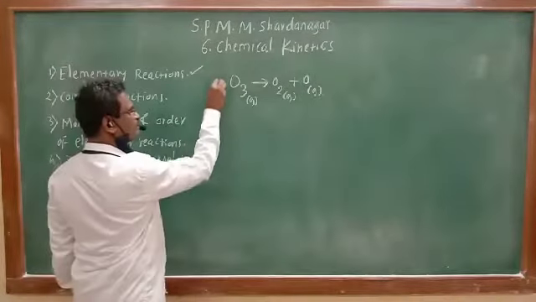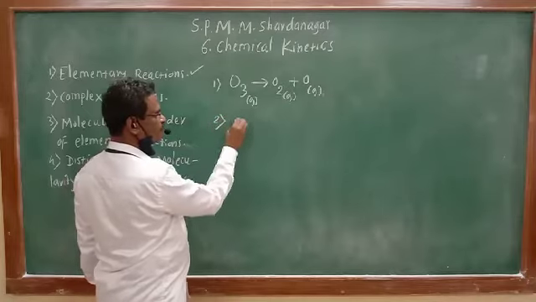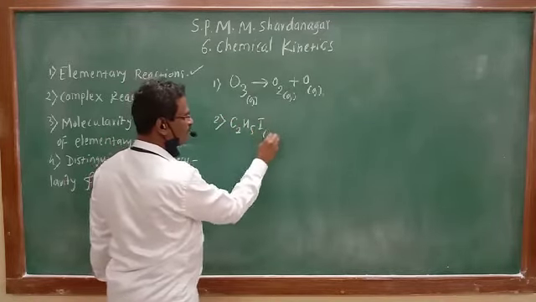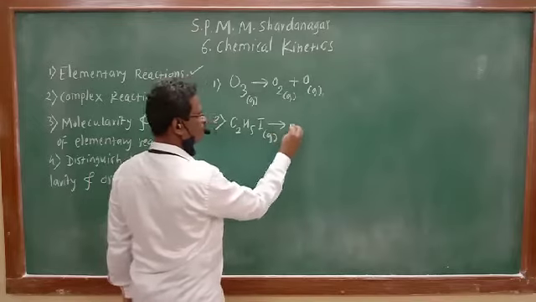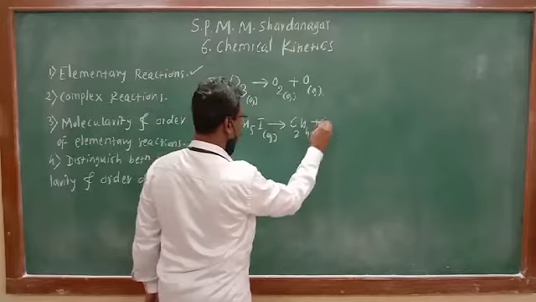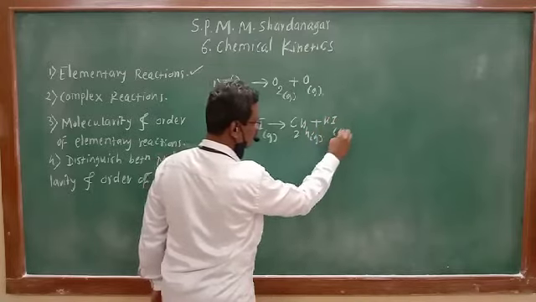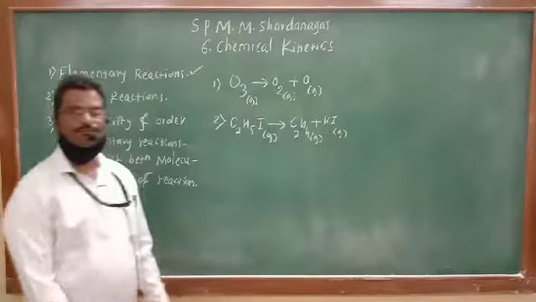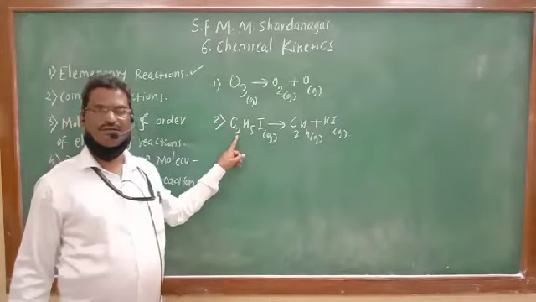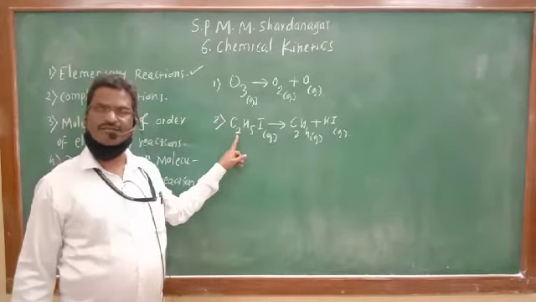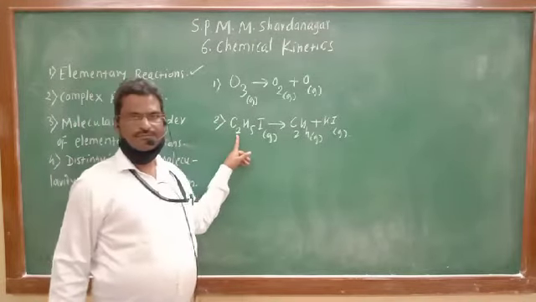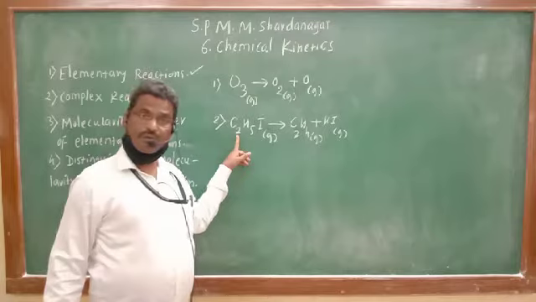Let us see one more example. Second example: C2H5I gas broken down to C2H4 gas and HI gas. This reaction also takes place in a single step, in one step.